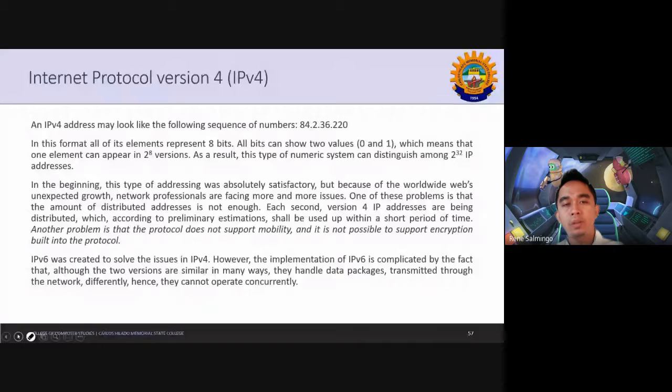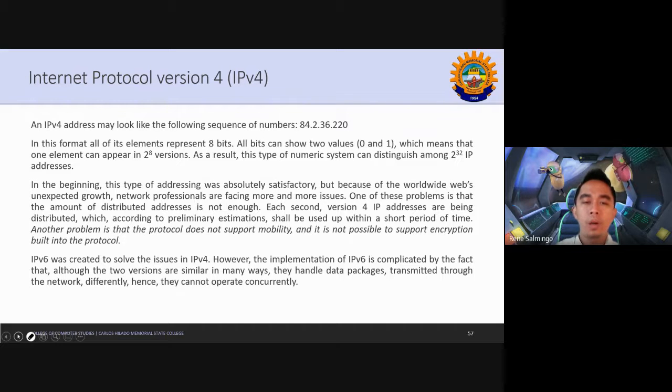An IP address version 4 may look like a sequence of numbers like 84.2.36.222. In this format, each element appears in 2 to the 8 values. This numeric system distinguishes among 2 to the 32 IP addresses.